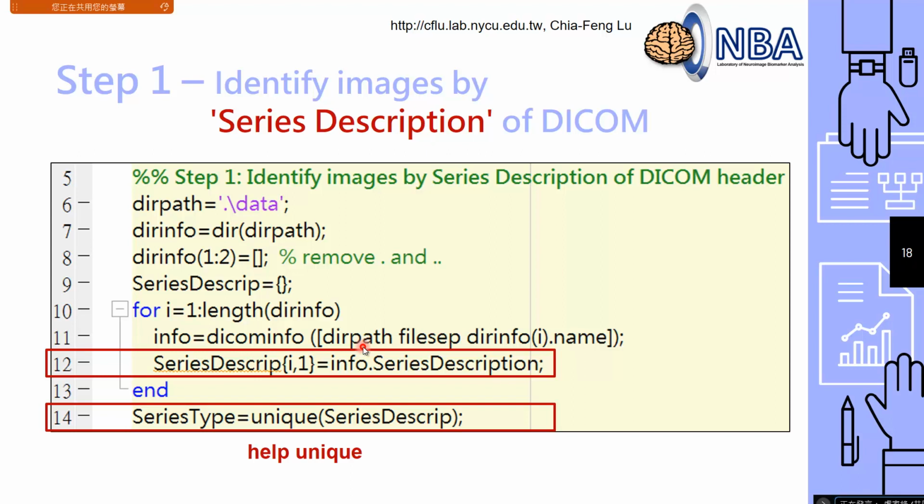Sometimes we say this DICOM information is metadata because it is big. It stores lots of different items or variables inside. Series description is just one of the items.